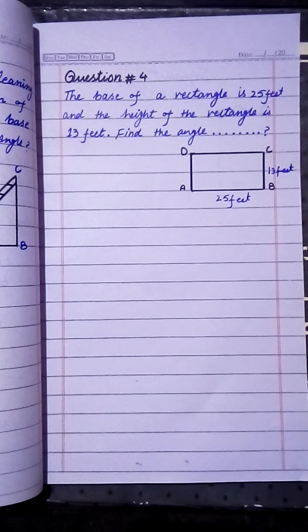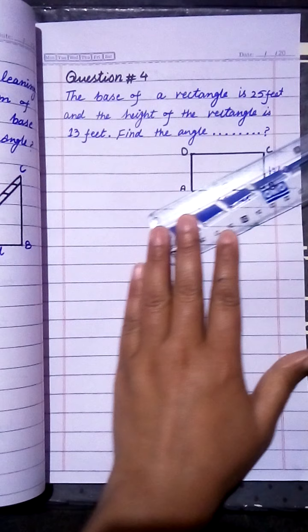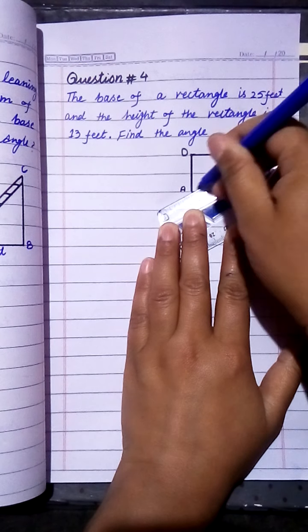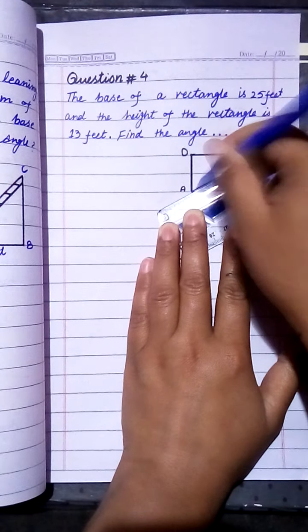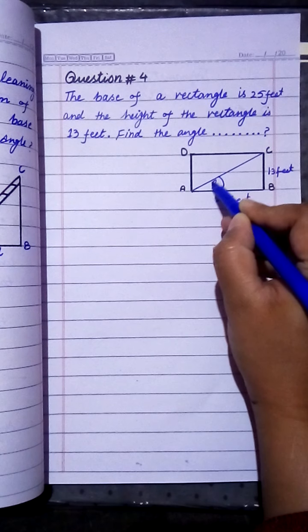You are going to find the angle that the diagonal of the rectangle makes with the base. That is the rectangle, so you will draw its diagonal. You have to join these two corner points, that will be the diagonal. So the diagonal makes an angle with the base, that is known as theta.